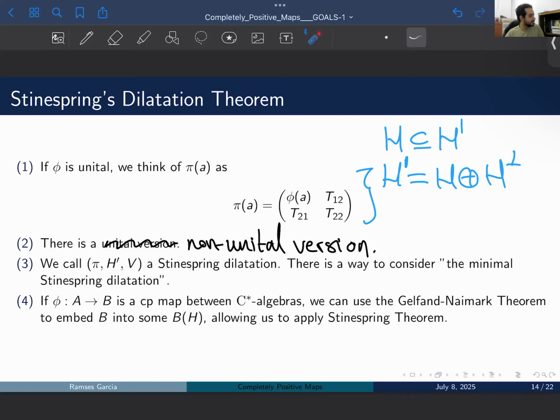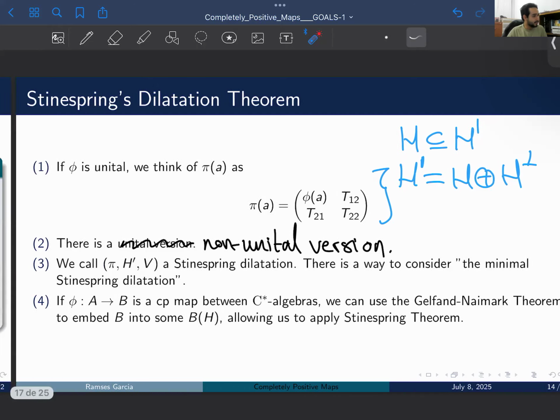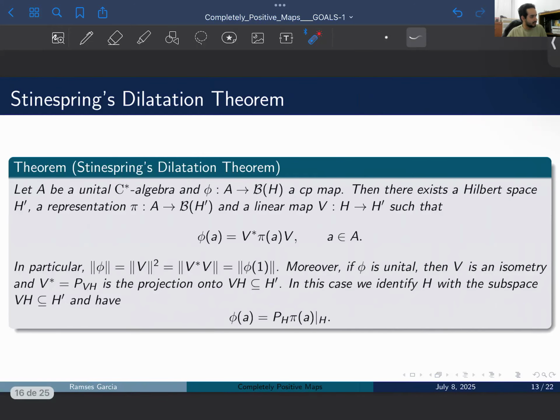Okay, the last remark that I'm going to mention is that the hypotheses of the theorem are that you have a completely positive map with codomain the bounded operators on a Hilbert space.